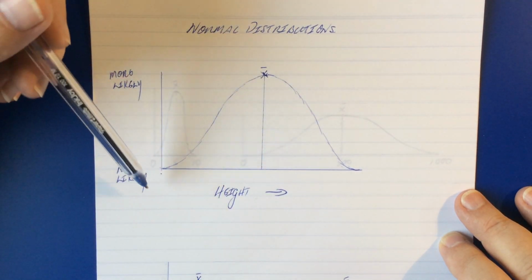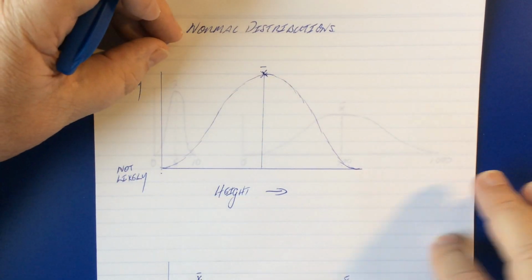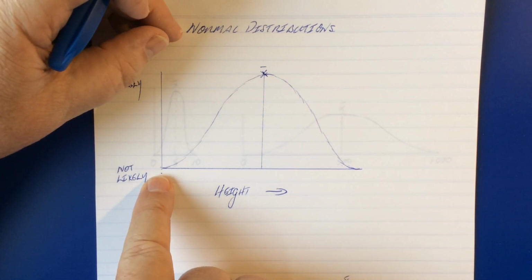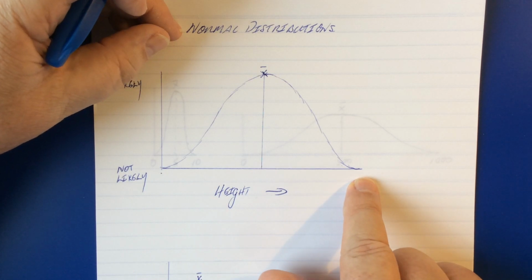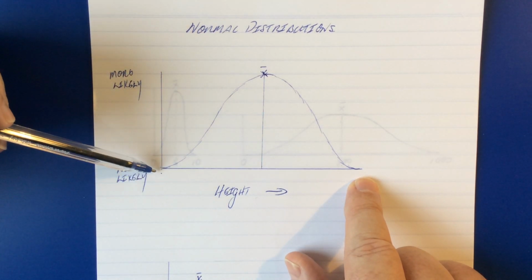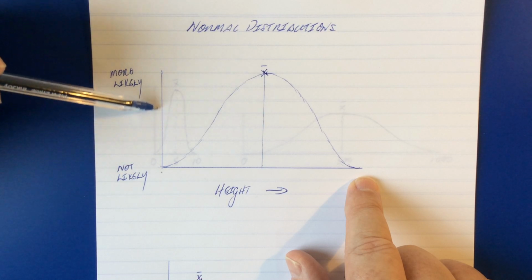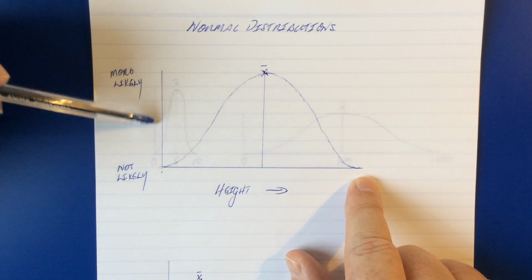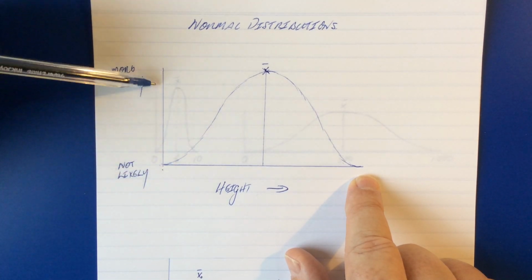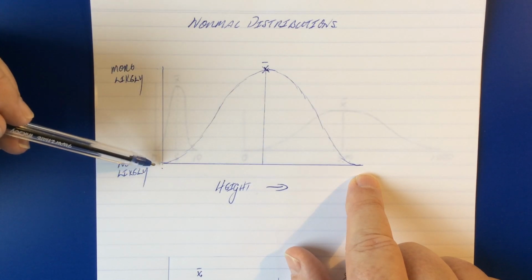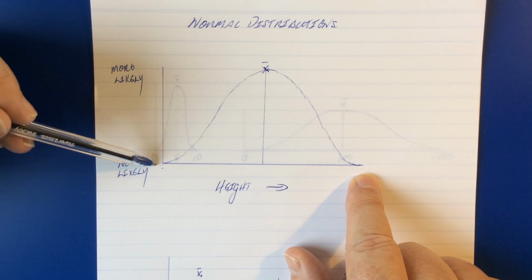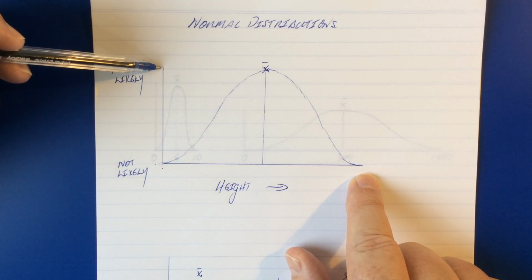Right, so how do we read such a thing? Well, we would go from short height to large height here, and the values up here could be numerical, so how many people there are in the group, but you can think of it as being least likely down here and more likely up here.